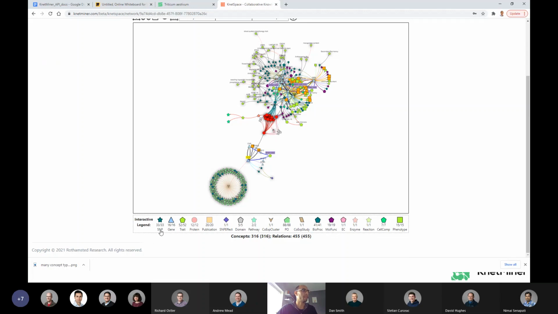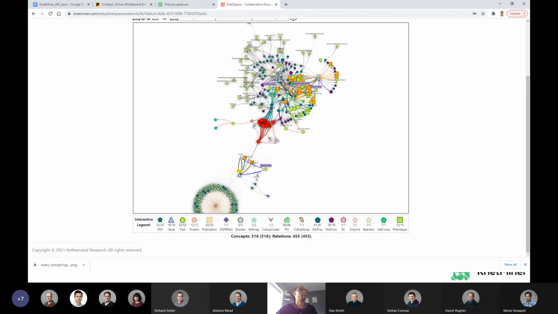They represent SNPs, genes, traits, proteins, publications, SNP effects, protein domains, pathways, co-expression clusters, plant ontology terms, co-expression studies, biological processes, functions, enzymes, reactions, and so on. So a large range of different types of information have been put together into this example.